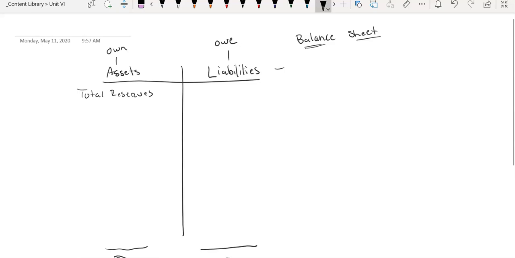And remember, your total reserves are going to equal your required reserves and your excess reserves. So you'll have total reserves, required reserves, excess reserves. Now the proportion of that money that is in required versus excess is going to differ based upon what the reserve requirement for the bank is, right?